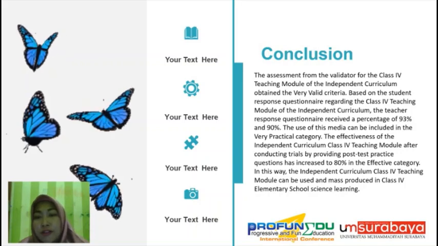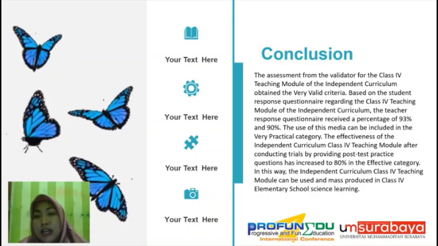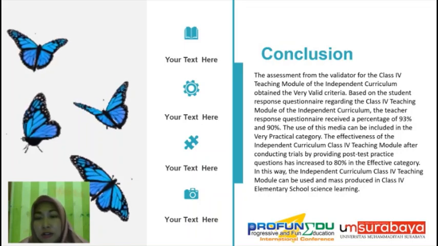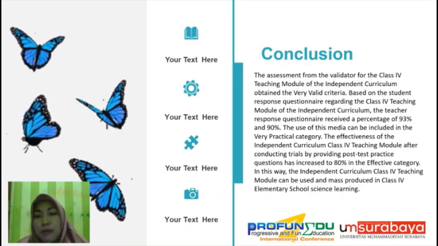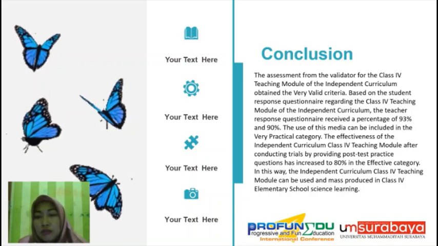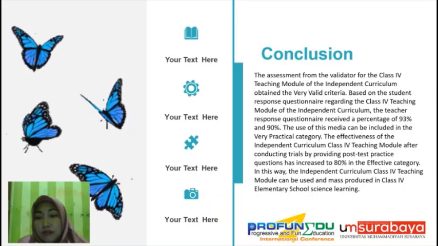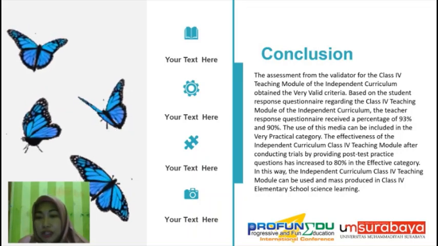The use of this media can be included in the very practical category. The effectiveness of the independent curriculum class 4 teaching module after conducting trial by providing post-test practice question has increased to 80% in the effective category. In this way, the independent curriculum class 4 teaching module can be used and mass produced in class 4 elementary school science learning.